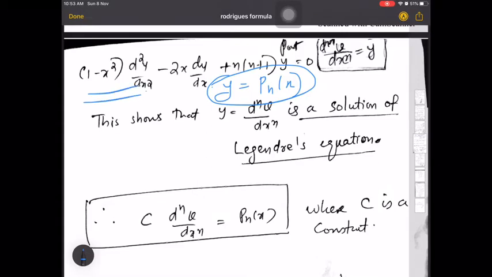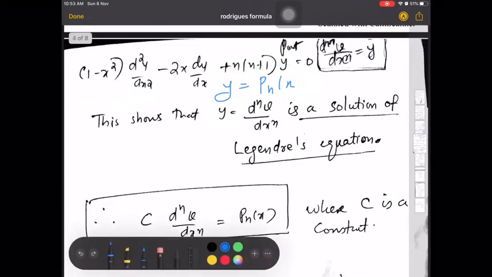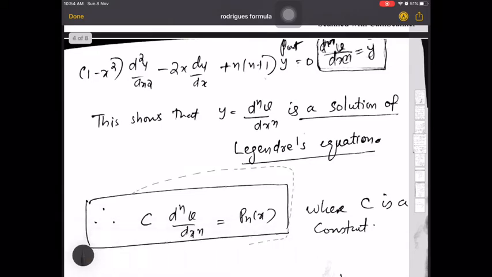So one can write, since y is d raised to n v by dx raised to n, one can write c times d raised to n v by dx raised to n equal to Pn of x, where c is some constant which we have to determine. Okay, why are we writing like this?